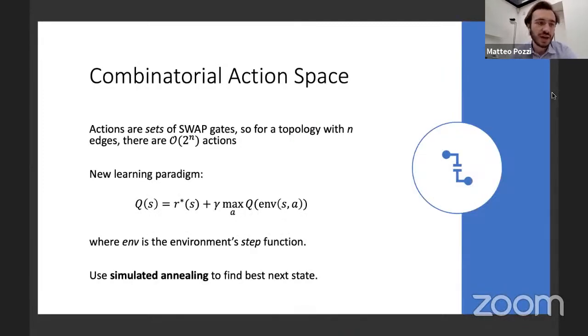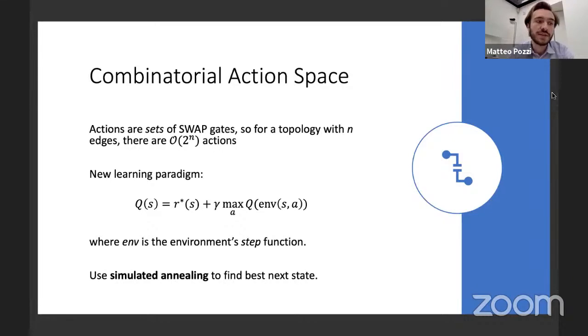The key issue here is that we have a combinatorial action space. Since actions are sets of swap gates, if we have a topology with n edges, there are going to be roughly 2 to the n actions that we could choose from. In a traditional Q-learning approach, you'd train a neural network to approximate a quality function of the state and the action, assigning a quality to being in a particular state and doing a particular action.